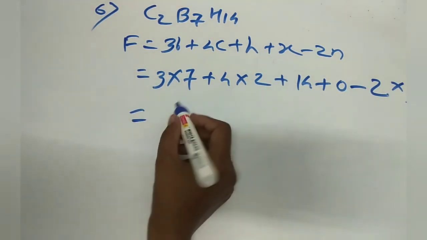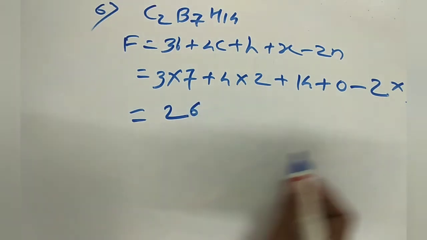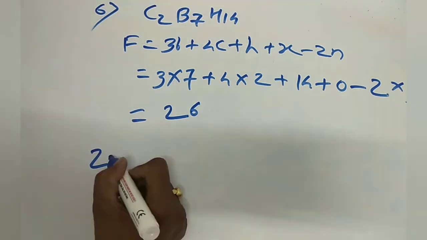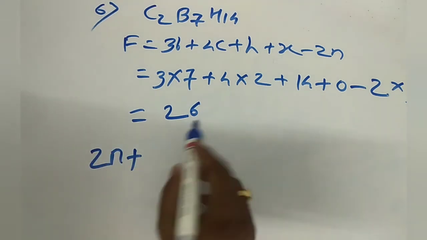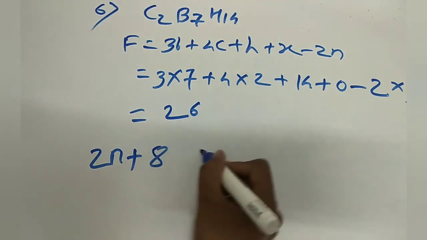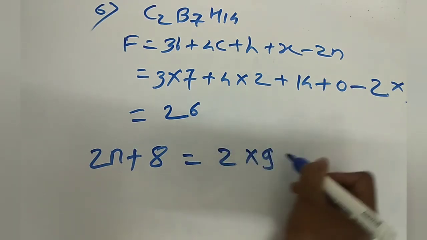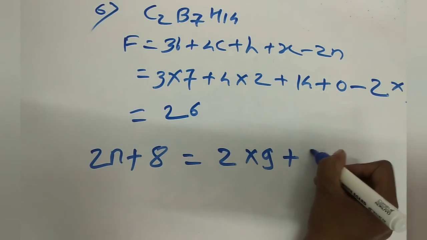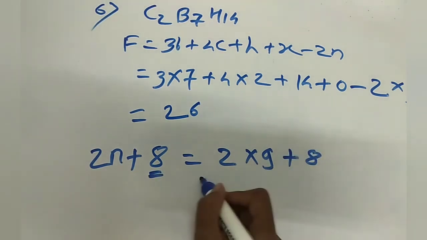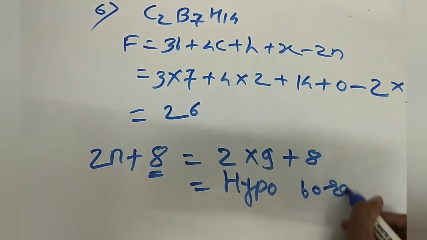After solving this we are having the answer 26. 9 into 2 is 18. 2n is 18, plus 8 we are getting 26. Therefore 2 into 9 plus 8. After addition of 8 this is called hypoborane.